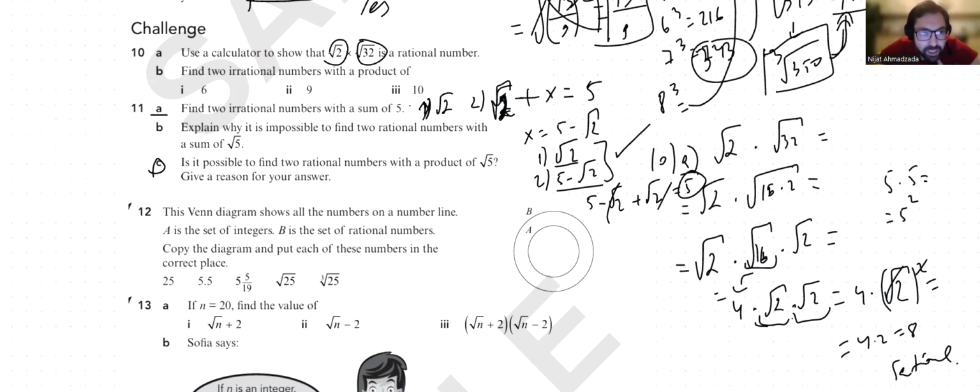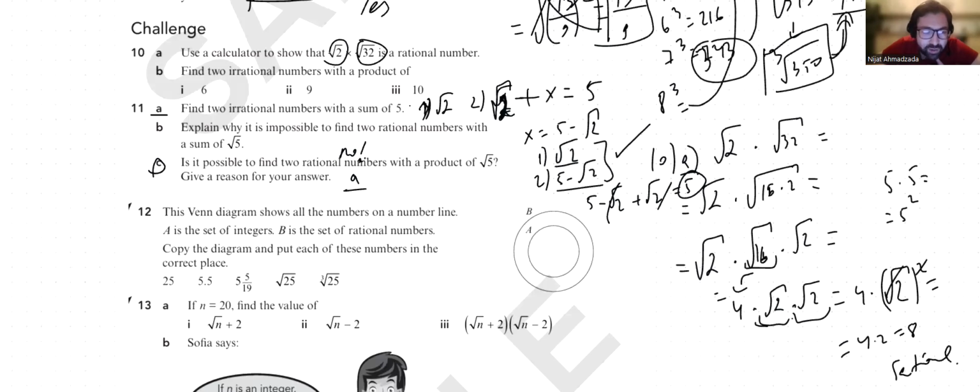Okay. Is it possible to find two rational numbers with a product of square root of 5? Give a reason for your answer. No, it isn't. Why? Because we know that rational numbers can be shown as a ratio, right? So what does it mean? It means that, let's say, the first rational number, we can show it as a ratio.